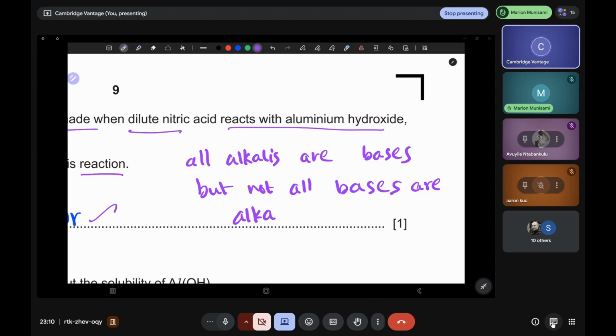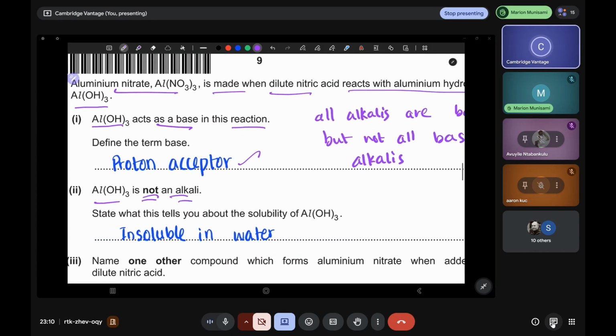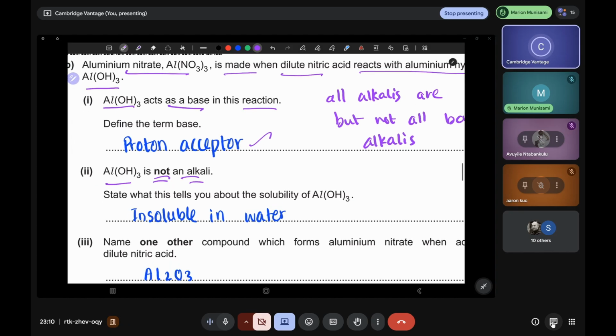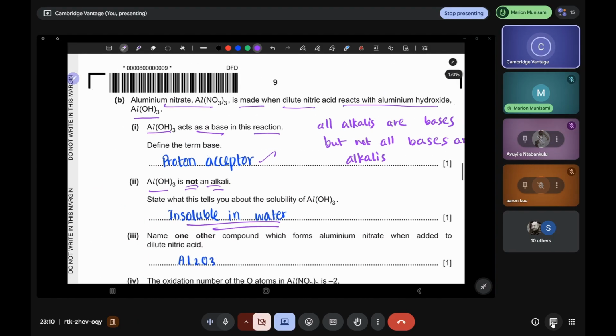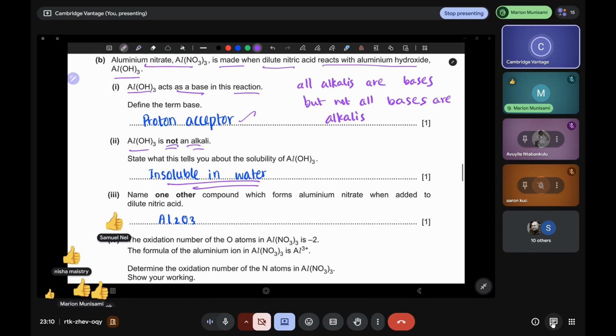Why do we say this? The reason we say this is because an alkali is a base that is soluble. But there are also bases that are sometimes insoluble in water, for example, aluminum hydroxide in this case. So what does this tell us about the solubility? Since it's not an alkali, it's insoluble in water. Does everyone understand this? Thumbs up if you do. All right, thank you very much.